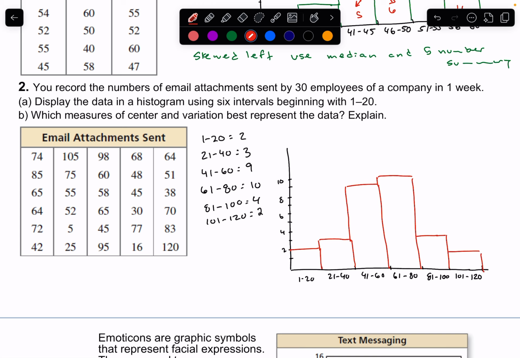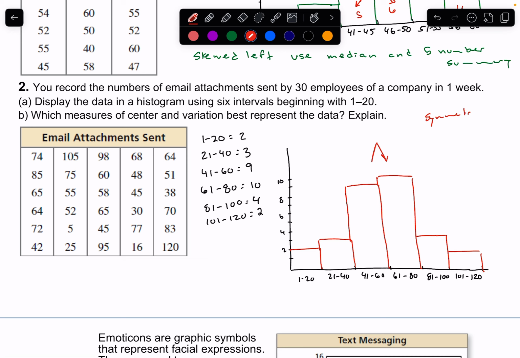Now this one's a little bit interesting because there's not one peak in the middle. These 2 together are kind of the peak, right? If you were to find the average of this data, it would be probably right between these 2 big bars. And so I would say that this diagram, even though there's not one peak, those 2 peaks in the middle are pretty close, that I would still say that this is symmetrical.